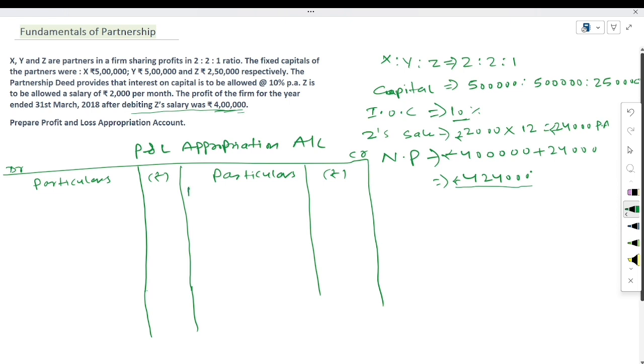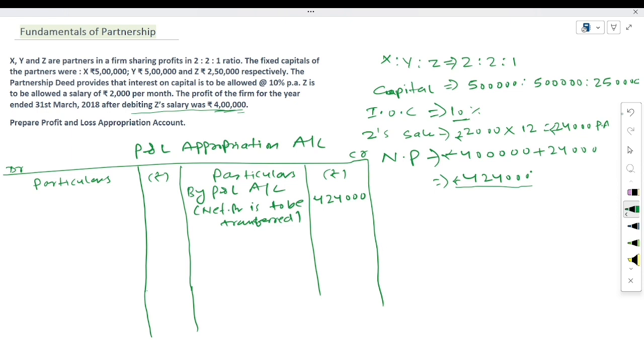So here we will write by profit and loss account, with the narration net profit to be transferred. How much is the net profit? 4,24,000.